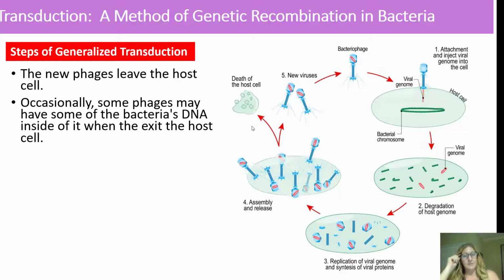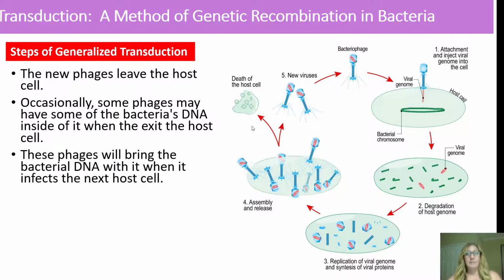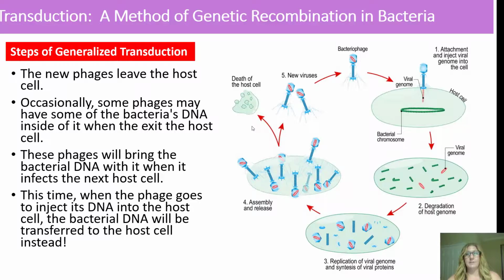Some of these phages might have some of the host bacteria's DNA inside of them when they exit. So if one of them happens to have some of the bacteria's DNA inside of it, when this phage goes to infect the next host cell, instead of injecting its viral DNA, it will inject its previous host bacteria's genome instead.